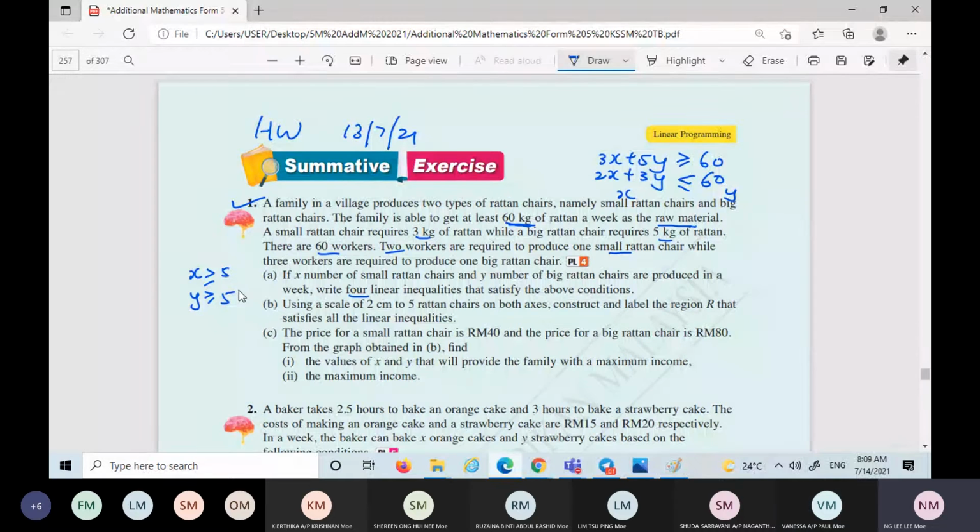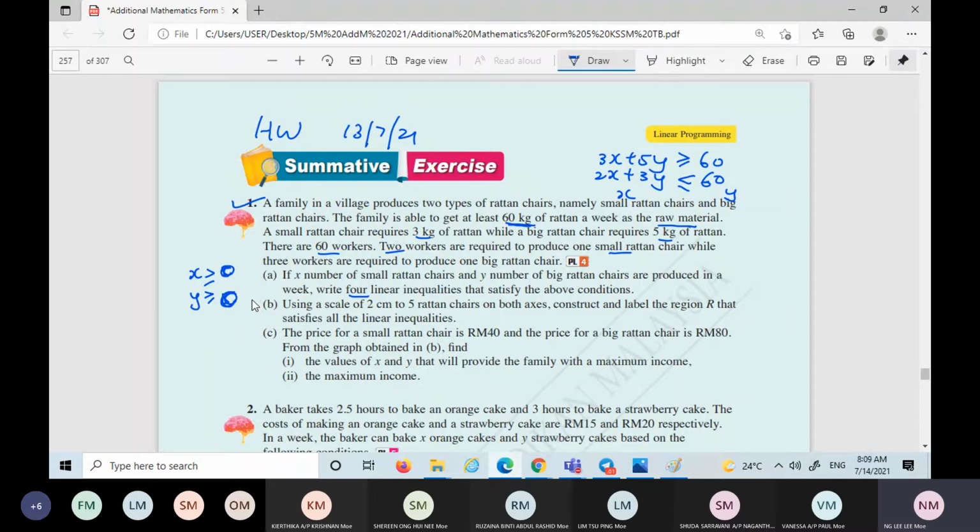Yeah, correct. So if you want to follow the answer at the back, you've got to write something for it, I mean in the sentence here. If not, this one is 0 and this one is 0. Because not necessarily every day you have to produce one small or one big chair.